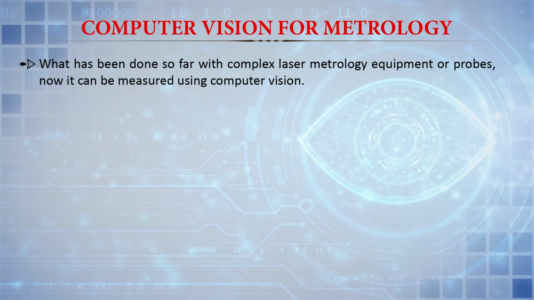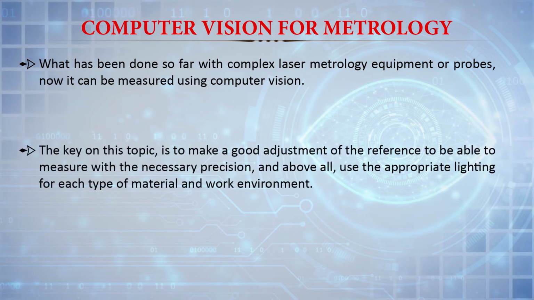The next application that we can talk about is metrology. What has been done so far with complex laser metrology equipment or probes can now be measured using computer vision. The key on this topic is to make a good adjustment of the reference to be able to measure with the necessary precision, and above all, use the appropriate lighting for each type of material and work environment.